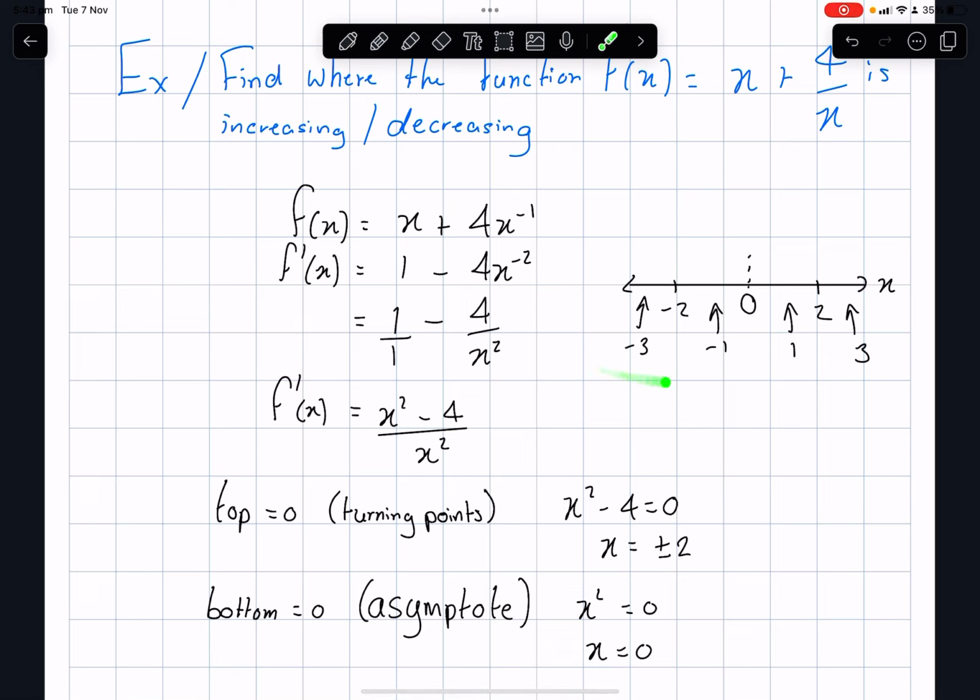Pick some numbers, put them into my derivative into here. If I put -3 in here, positive take 4, that's a positive over a positive. That's positive. If I put -1 in, that's -3 on top over +1, that's a negative. If I put +1, I've got a negative, and if I put +3, I've got a positive.